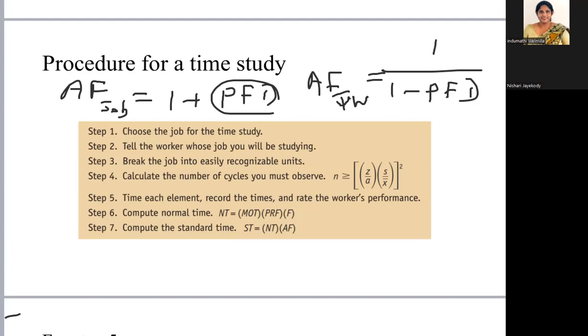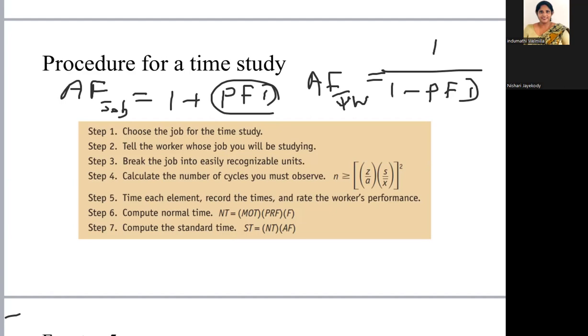Allowance factor we have to know, because we can find out the standard time when dividing average time by the available time ratio.